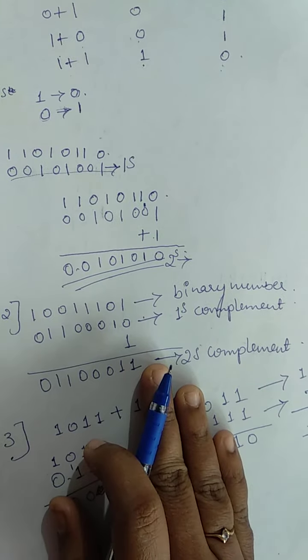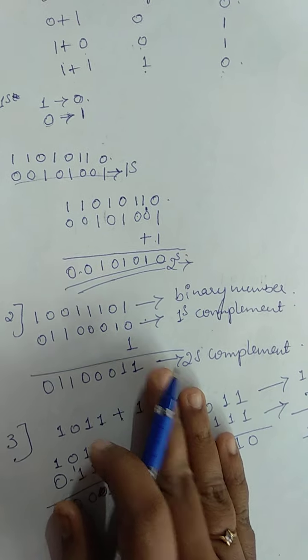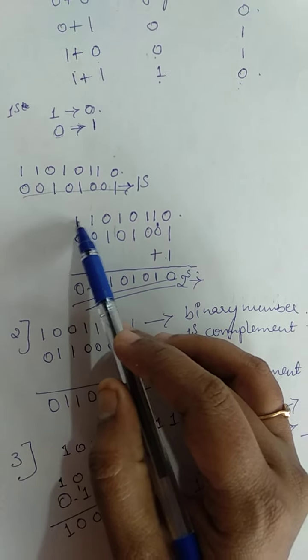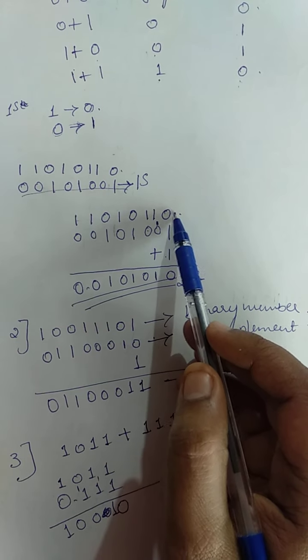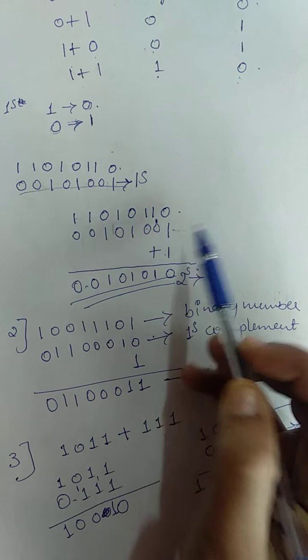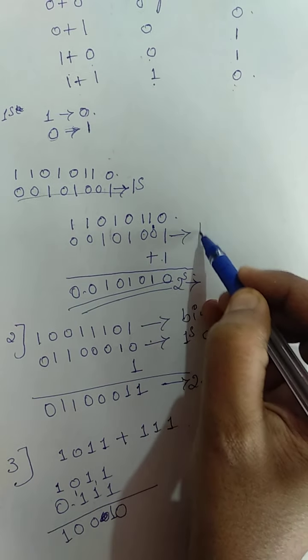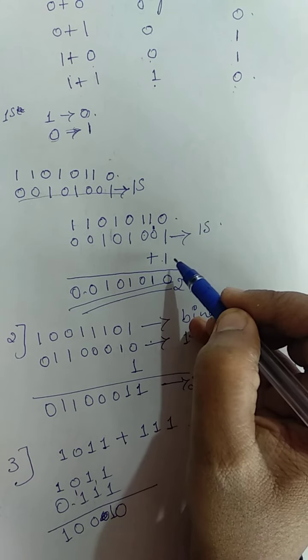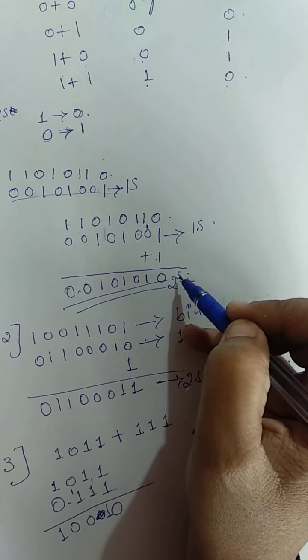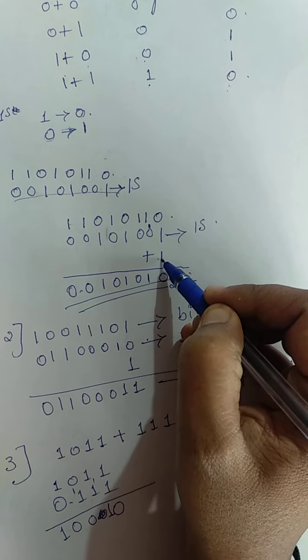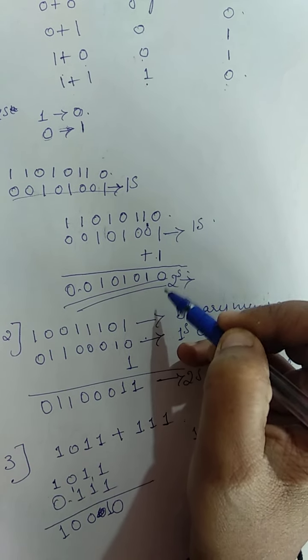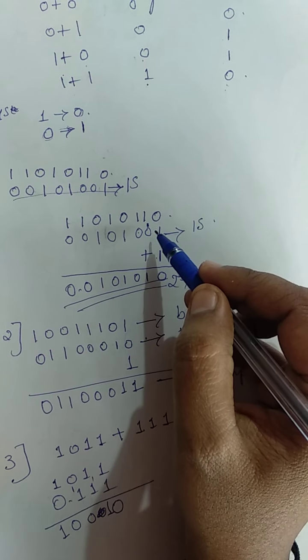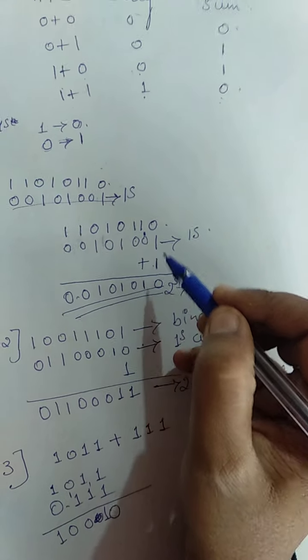Okay, for twos complement, what are we doing? First we write the binary number. For the given binary number, we write its ones complement. Then to calculate the twos complement, we add 1 to the ones complement of the given binary number.